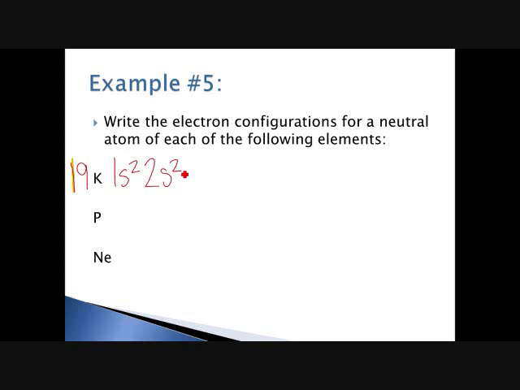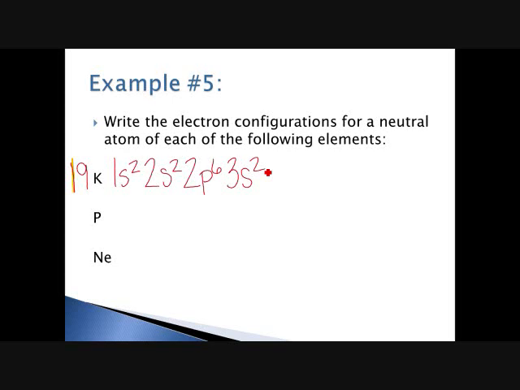Okay? After 2s2 comes 2p6. Now, if you don't know where the 2, the 2, and the 6 are coming from, remember, we wrote down at the bottom the maximum number of electrons. If you move to the next orbital, that means you're putting the maximum number down. So that maximum we can have for a p orbital is 6 electrons. So after 2p6, what comes next? 3s2. How many electrons is that now? 12.